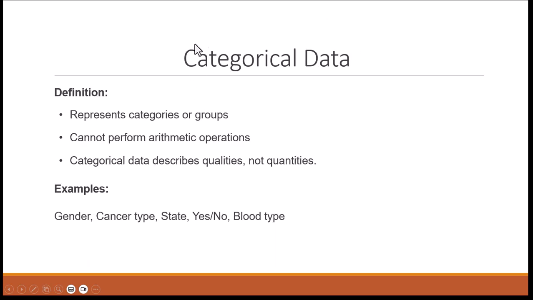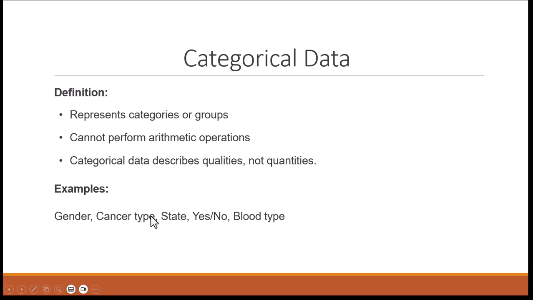Now, categorical data always represents categories or groups or labels. So we cannot use arithmetic operations for them. And they are always used for describing qualities, not quantities. For example, the gender of the residents that can be male or female.